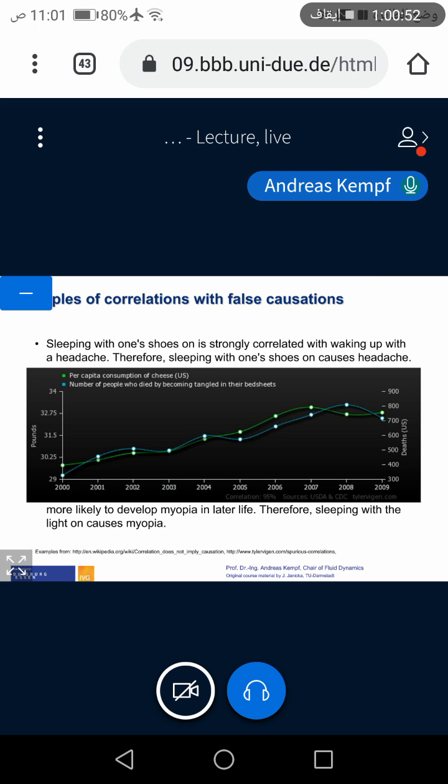Now, be very aware. This is a typical discussion. It's very, very commonly discussed in the medical field, correlations and causations. First of all, the big rule is correlation does not imply causation. What does this mean?